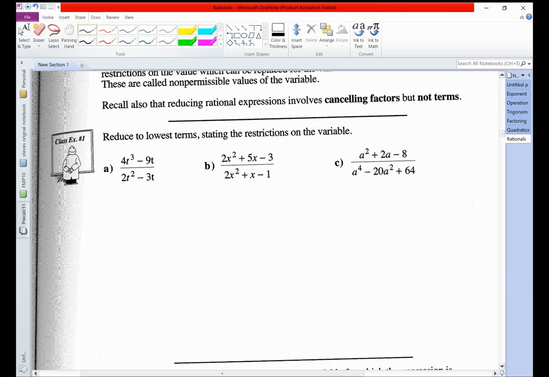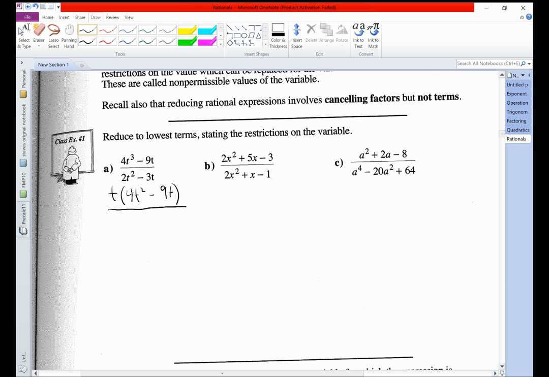So if we're looking at A, we have 4t to the power of 3 minus 9t, all divided by 2t squared minus 3t. So we want to start just simplifying a little bit. So the top, we can pull a t out of the top so that we've got 4t squared minus 9t.